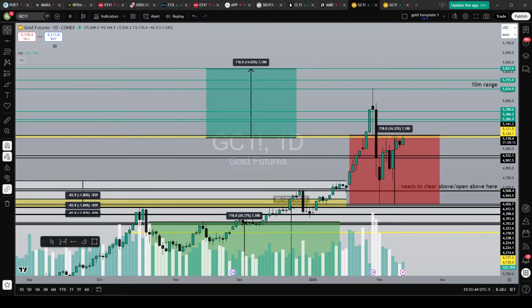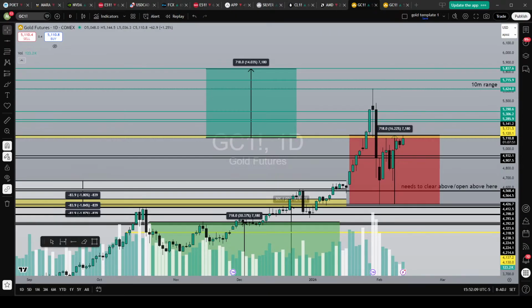And gold triggering huge areas here, okay? Let me post that actually to Twitter because I haven't posted an updated chart on there in a while. Gold re-triggering our 5,124, 5,141 areas.